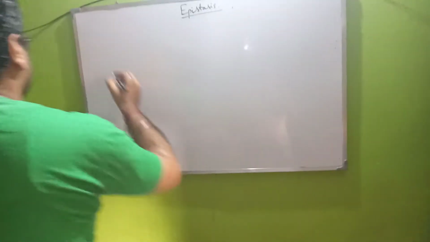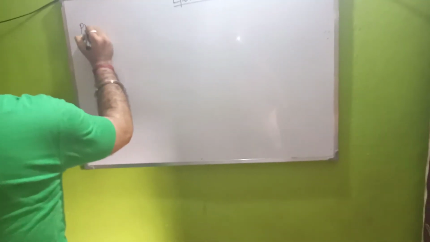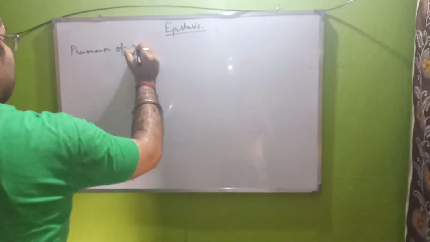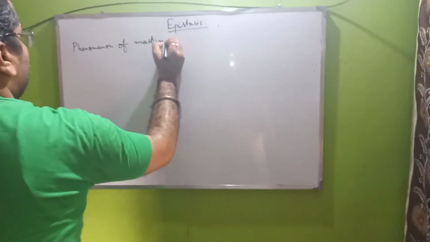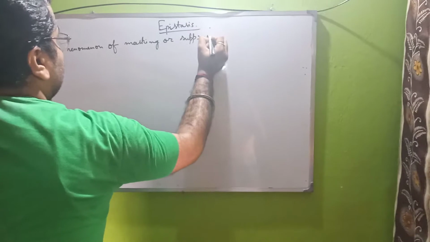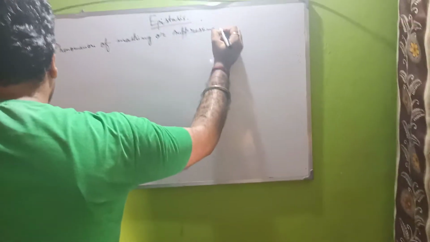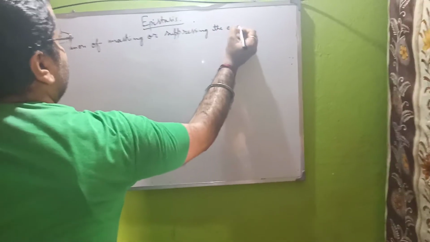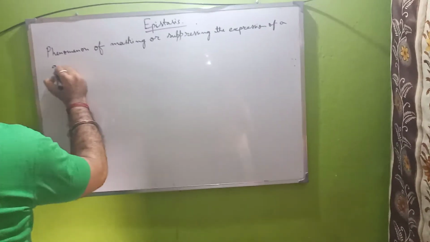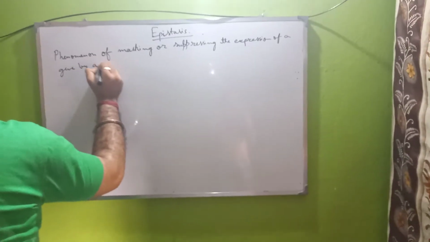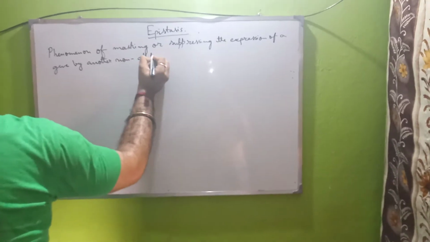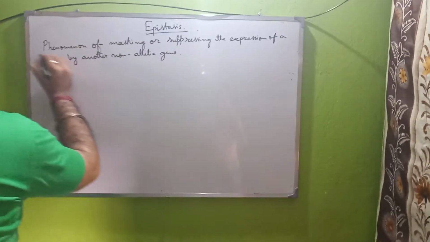Now epistasis, the term itself means, let us see, the phenomenon of masking or suppressing the expression of a gene by another non-allelic gene. This was the first point.